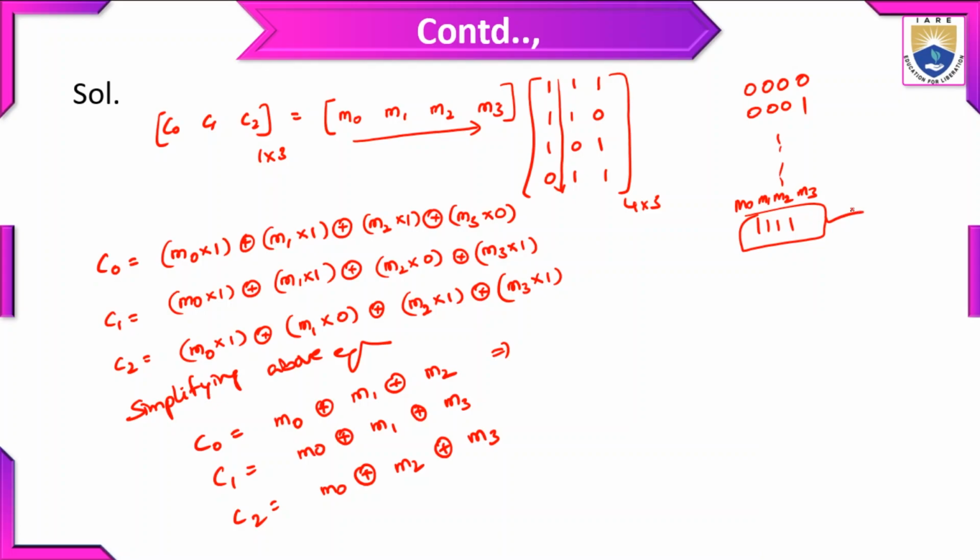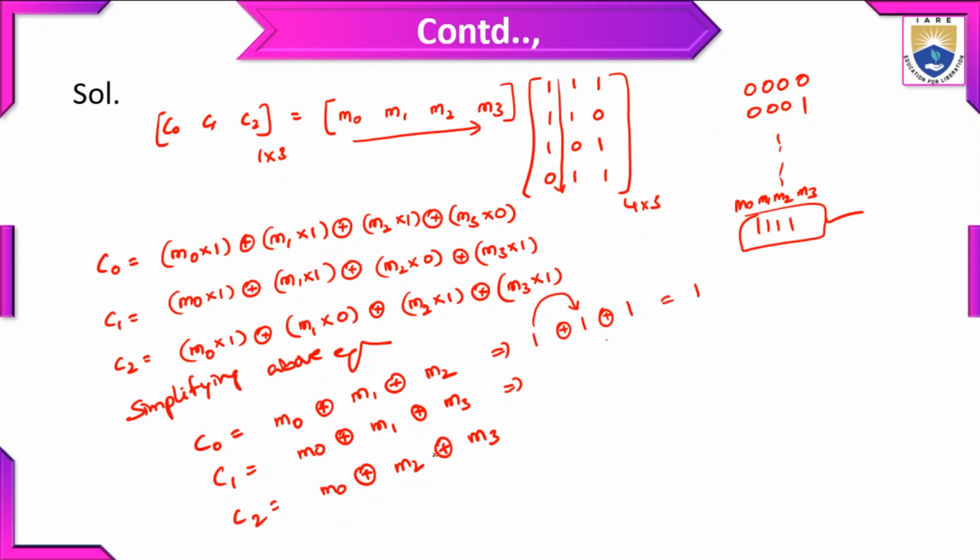For the last one, M0 is 1 XOR M1 XOR M2. So 1 XOR 1, what do you get? 0. Then 0 XOR 1 you get 1.